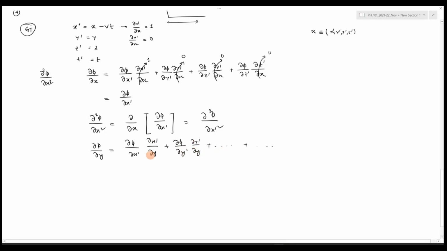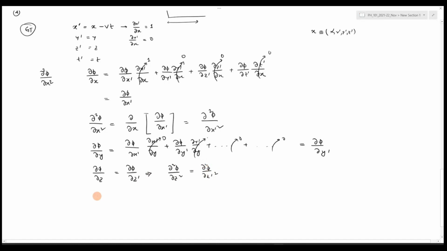So this term is 0 because x prime does not have any y dependency. dy prime by dy will become 1. This term will become 0 and this term will become 0. So this will give us d phi by dy prime. Similarly, we will get d phi by dz equal to d phi by dz prime, which implies d²phi by dz² will also become d²phi by dz prime squared.